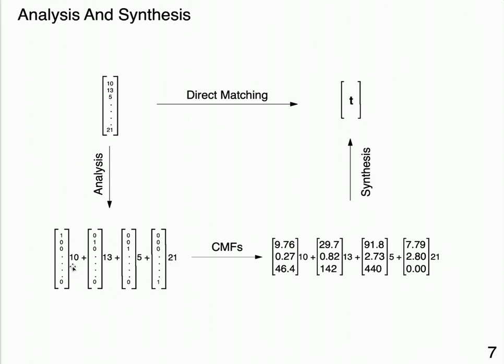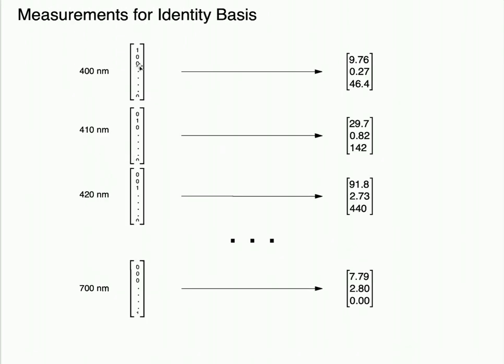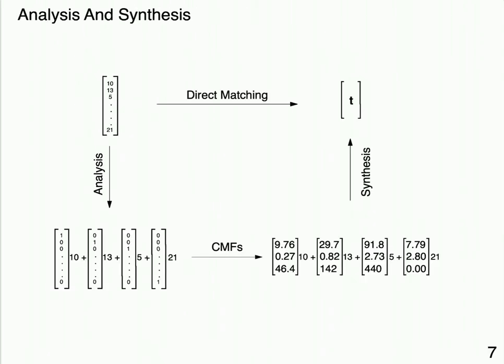And if we've measured the tristimulus values for each of these, the 31 measurements I described in the previous slide, then I can predict what would happen when I did this match by scaling those tristimulus values by the same scalars required to build up this spectrum, basically swapping in the tristimulus values for 400, 410, etc. out to 700. I've got those because I already measured them, and then scaling each one and summing them up. That gives me a prediction, which I'll call synthesis, for this tristimulus value that I would have measured.